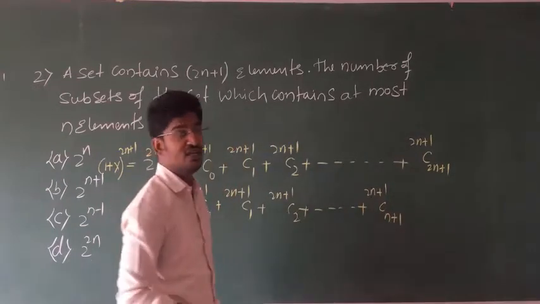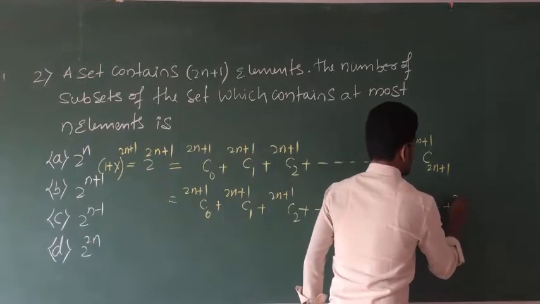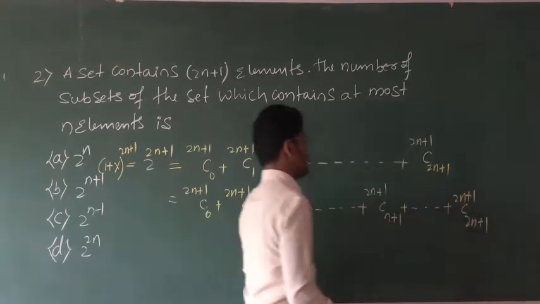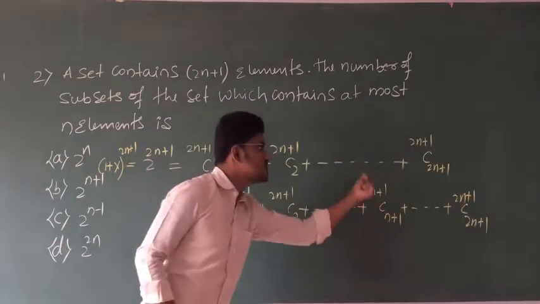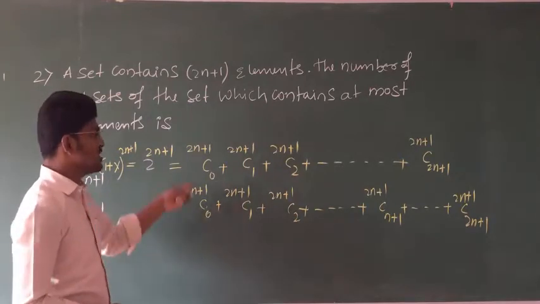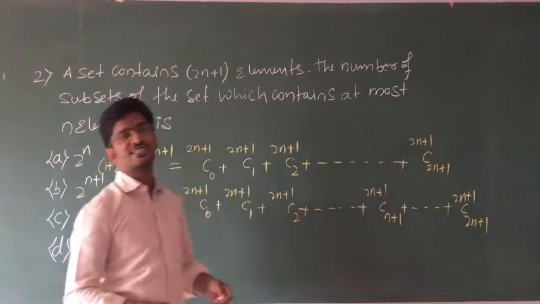No problem. Here this can be written as 2n plus 1 C0, 2n plus 1 C1, 2n plus 1 C2, plus so on to 2n plus 1 C n plus 1, plus so on to 2n plus 1 C 2n plus 1. I am just introducing the middle term of this particular binomial expansion. That's all. Here there is no big change. Only the middle term I have extended.